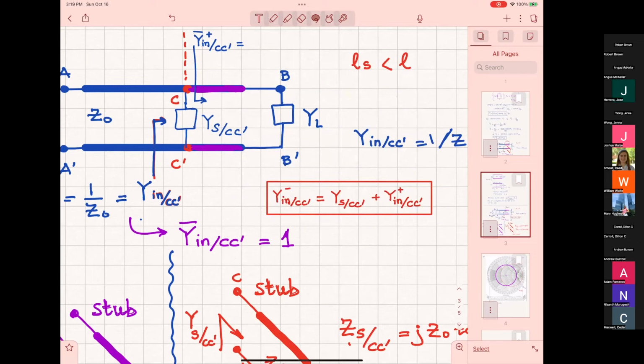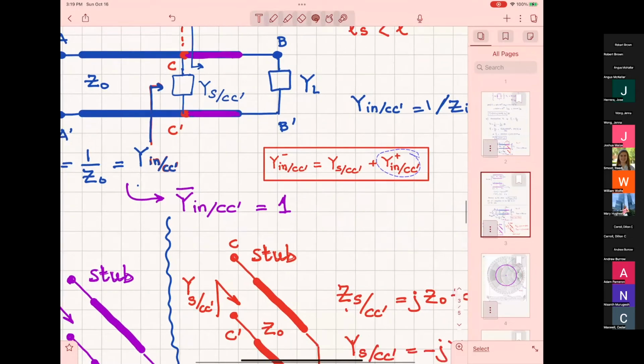As I look towards the load, I see a total admittance at that point, which is the admittance of the stub plus the admittance of the line after the stub, the purple one here.